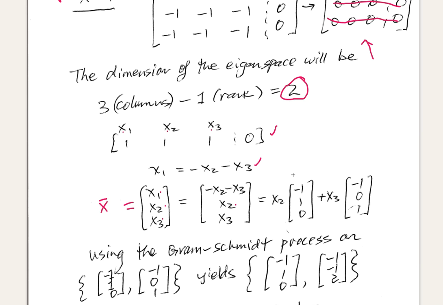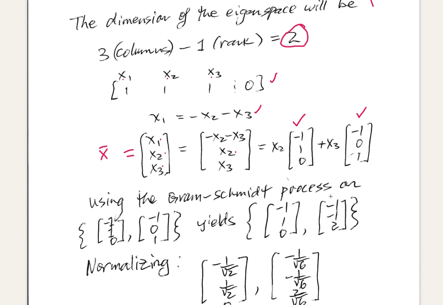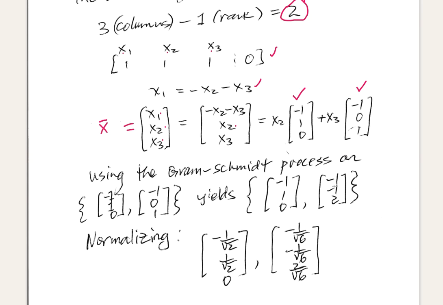Now you can see we can break this up. Again, this is two-dimensional. We got x sub 2 times negative 1, 1, 0, plus x sub 3 times negative 1, 0, 1. You can see that would be what? A two-dimensional subspace, a two-dimensional column space there.